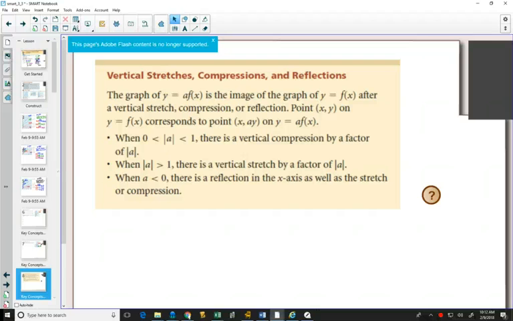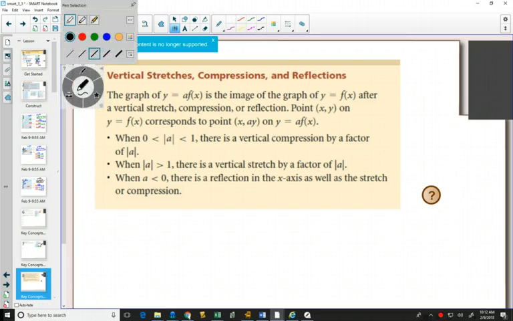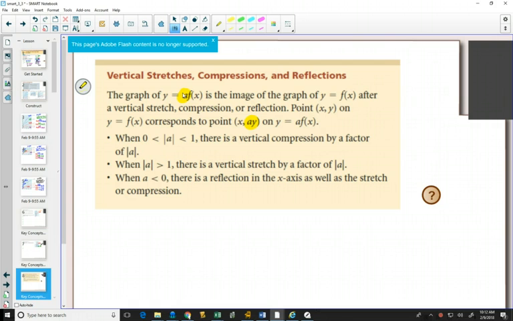So here they summarize that, and the way that they're trying to summarize that for your vertical stretches is that right here is the value of a in front, and they're showing you that in the point you're going to multiply your y-coordinate by a.